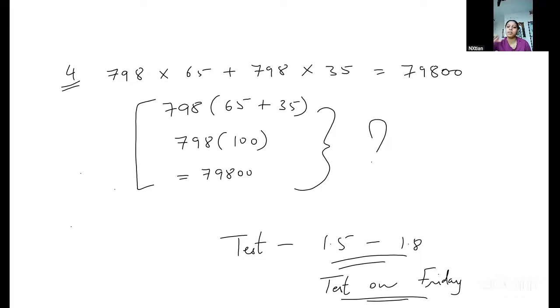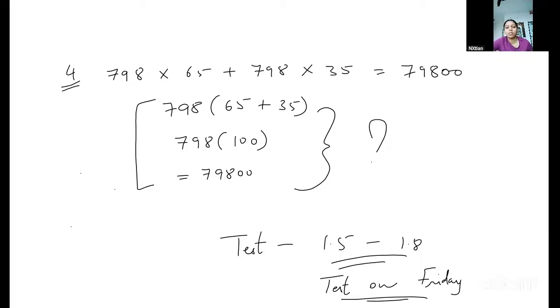The next topic in maths, I am not starting right now because we have only 5 to 7 minutes. It's the long division method, finding the square root by long division method. Tomorrow we will start it fresh, because it will take time to explain the whole thing and practice questions.